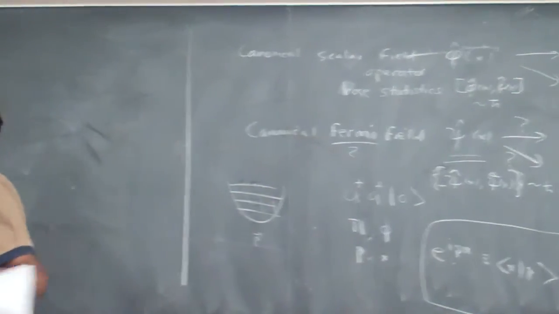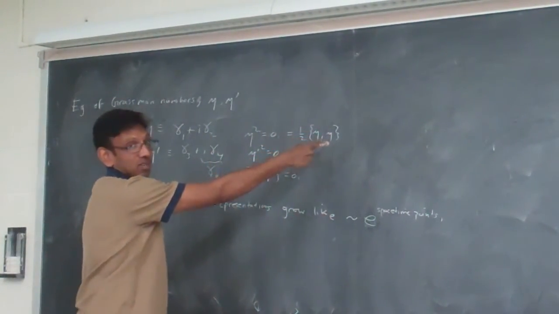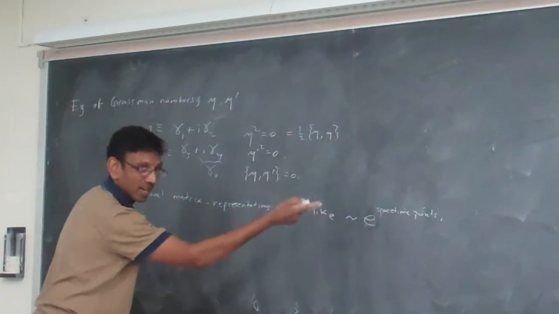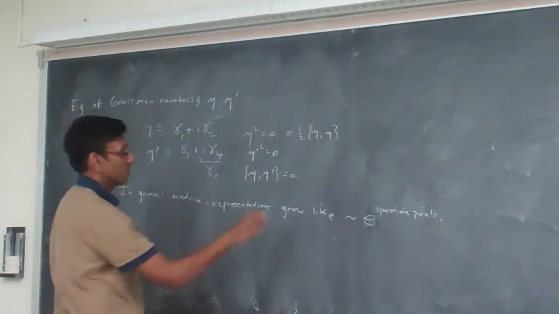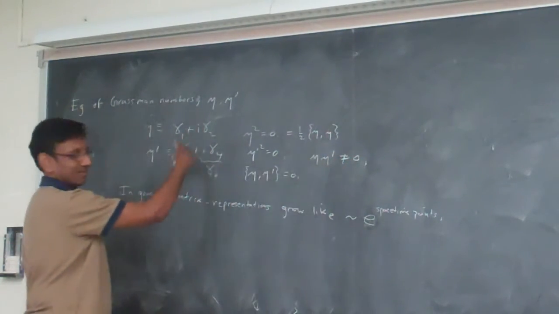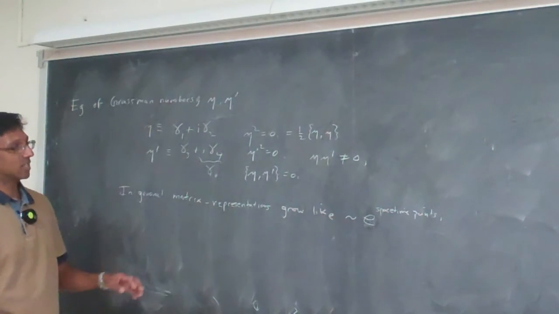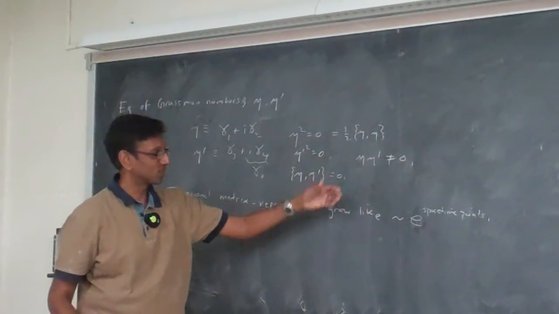So, for example, even though eta squared is 0, just because it has to anticommute with itself, like it anticommutes with everything, and eta prime squared has to be 0, and even the eta eta prime anticommutator has to be 0, eta eta prime is not 0. There's no relationship like that. Anything that does not follow from those commutators in general will not vanish.